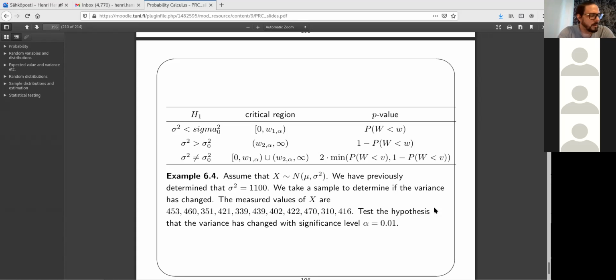In many fields, very often people teach that this 5% or 0.01 significance level is commonly used, but there's nothing physical or mathematical to justify why it should be that.